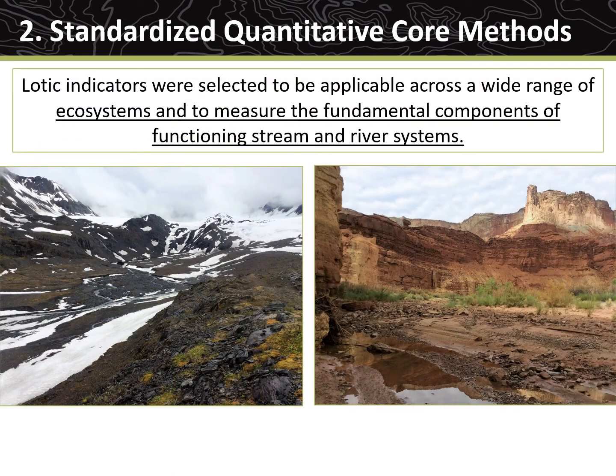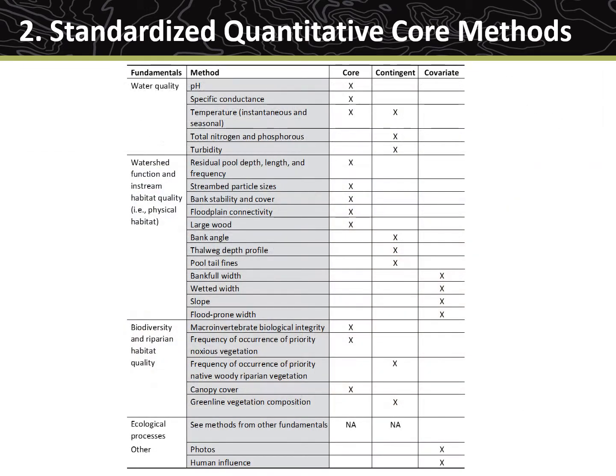Lotic AIM indicators were selected to be applicable across a wide range of ecosystems and to measure the fundamental components of functioning stream and river systems. The field methods assess components of water quality, watershed function and in-stream habitat quality, and biodiversity and riparian habitat quality.